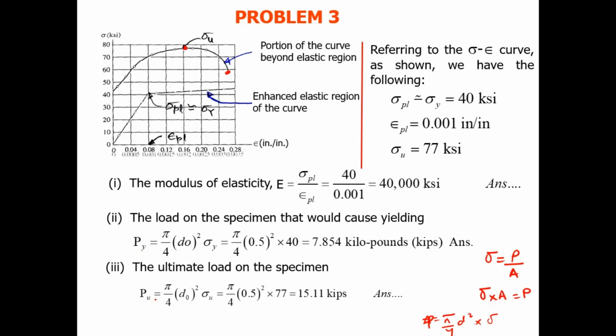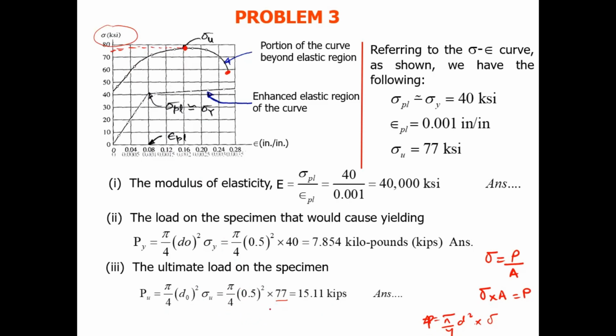Now what do we have to do? Because the area is constant, pi by 4 d square, pi by 4 times 0.5 square, we have to take the value from the graph for Pu and Py. For Pu, it's the ultimate stress. We drop the line here, and it will be approximately 77 KSI. 77 KSI is the unit for stress, so the load will be in kip.